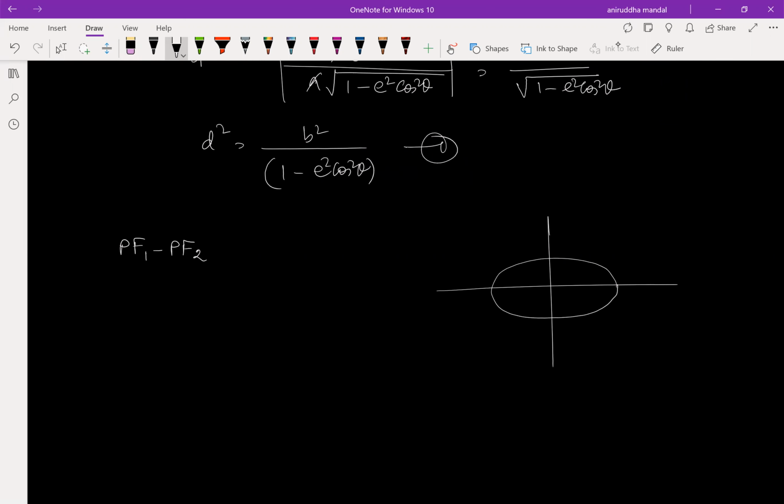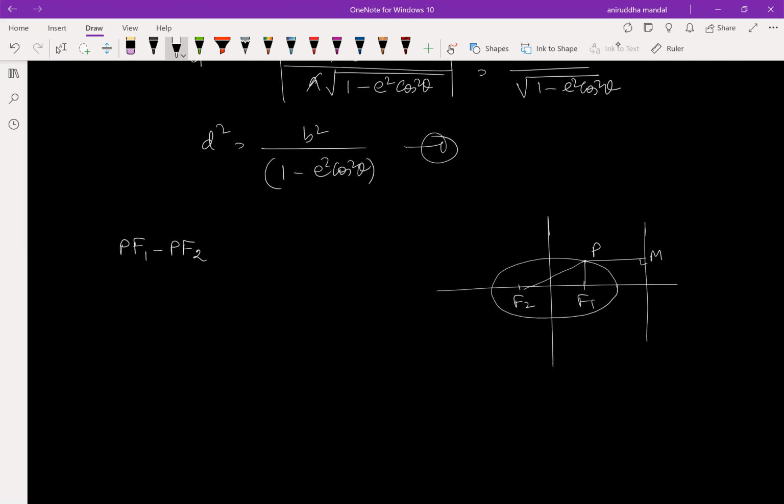This is f1, this is f2, and this is point P. We can write it in terms of the directrix.